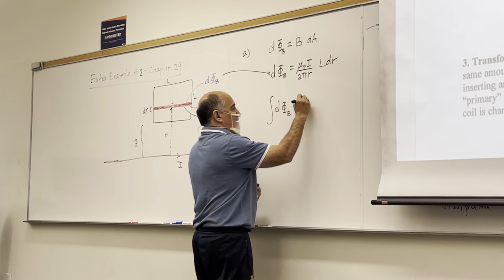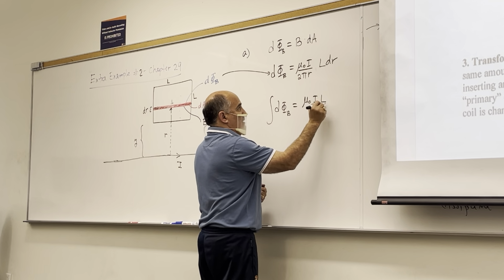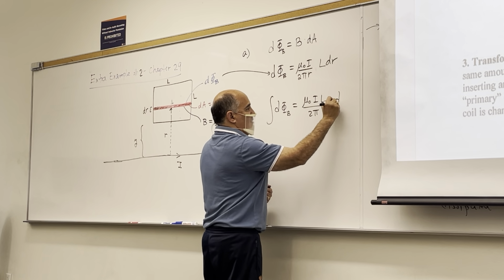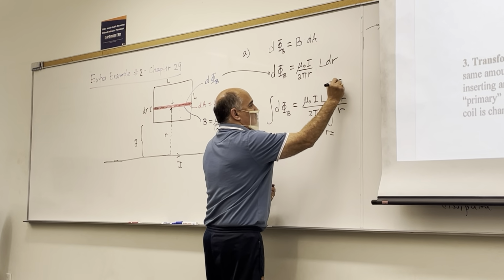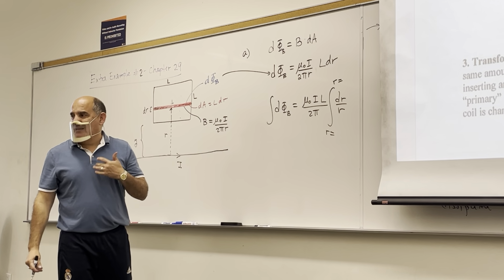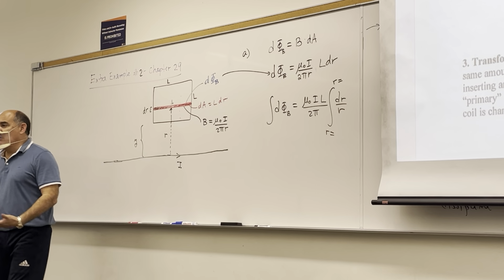So I'm going to pull out the constants: mu naught I L over 2 pi, and there we go. And I integrate from what value of R to what value of R to get the total magnetic flux through the square loop?